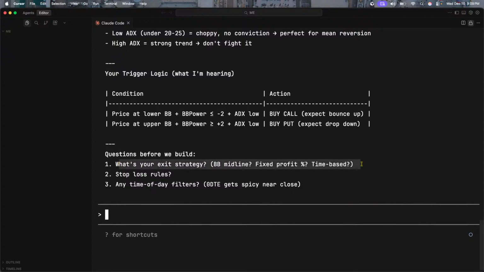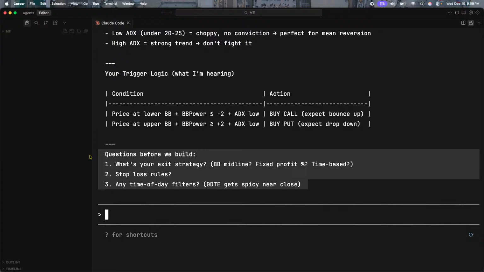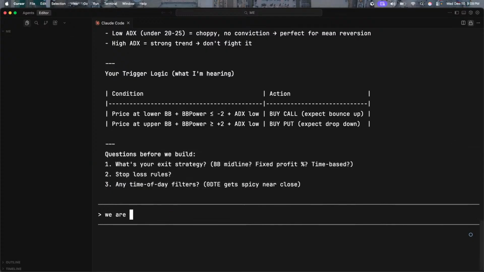So what is your exit strategy? I'm going to talk about that, your stop loss, and any time of day filters. Okay, we are going to answer questions 1 through 3, but first a bit of feeling lost when it comes to ADX.